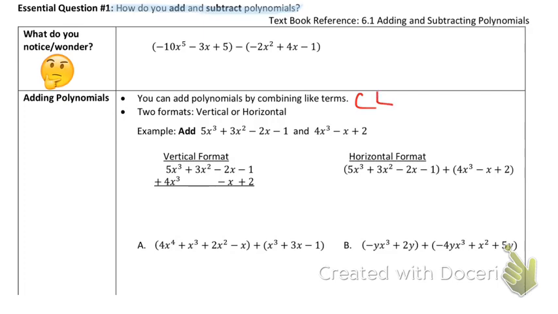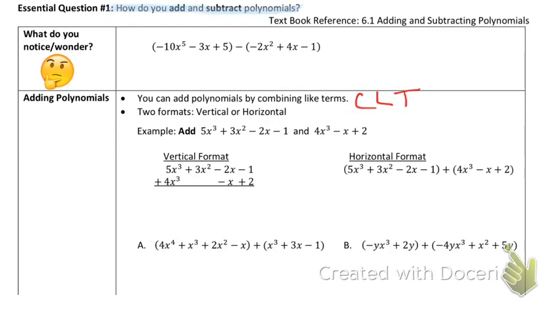So combining like terms, CLT, pretty straightforward. Okay, this is a skill that you've learned from IM1, and some of you may have learned it from middle school. But before I could get into CLT, we got to be comfortable with another step that has to take place before we can do CLT.